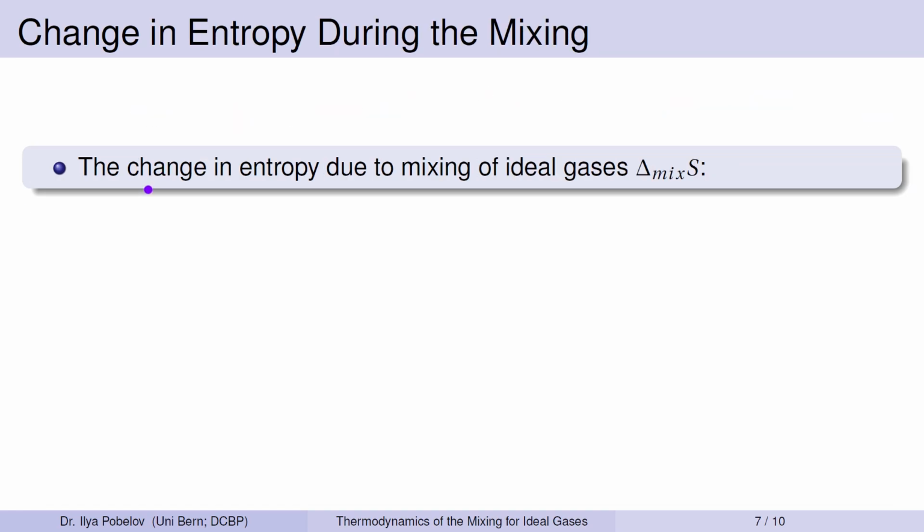We can also calculate the change in entropy due to mixing of ideal gases. It is directly related to the change in Gibbs energy and is given by delta mix S is equal to the negative partial derivative of delta mix G with respect to temperature T at constant pressure P and the amount of substance of each component Ni.